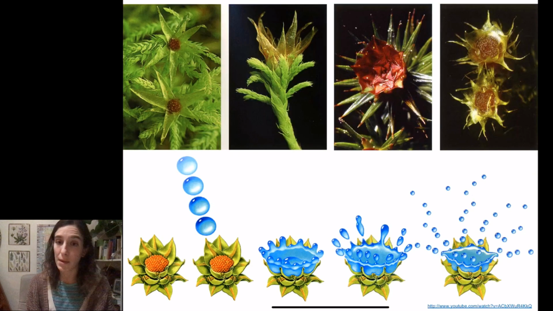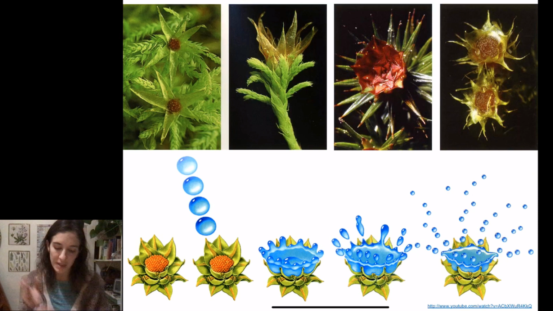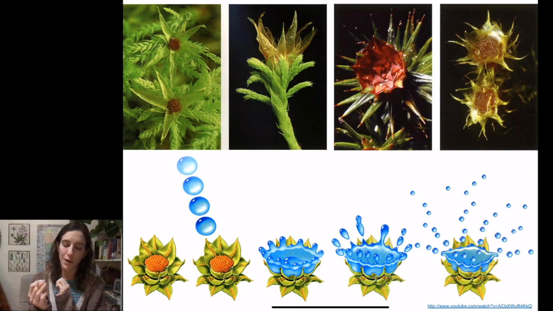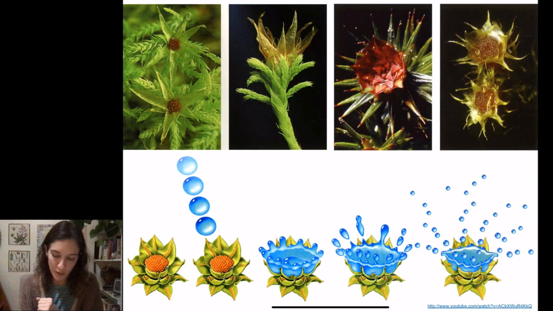Okay, so the male gamete-producing structures, the antheridia, have a bunch of these sperm-producing stalks all clustered right next to each other, so that when a raindrop falls, it splashes all of those sperm cells out. That's what's going on in this picture.